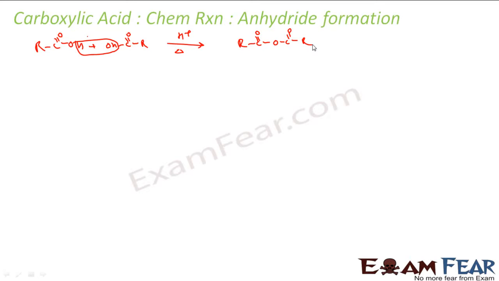This is what you get, right? For example, if you take ethanoic acid and heat this with acid, you get ethanoic anhydride.